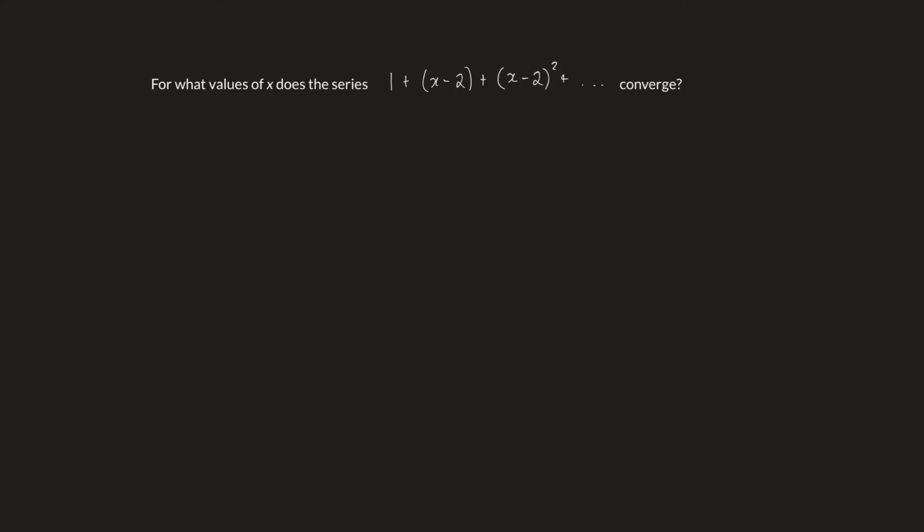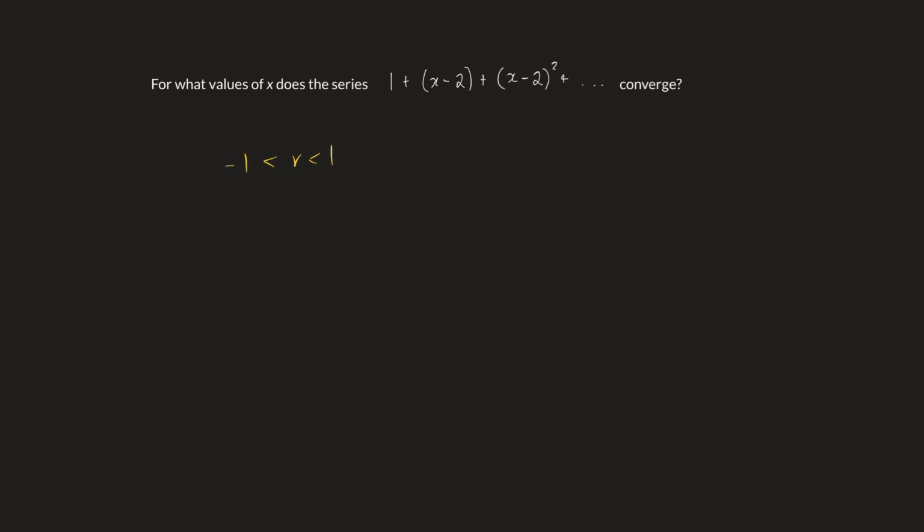In our example here, it's asking us for what values of x does the series 1 plus (x - 2) plus (x - 2) squared, and so on, converge. We looked earlier in the video and said that they converge to a limit when r is less than 1 and greater than -1.